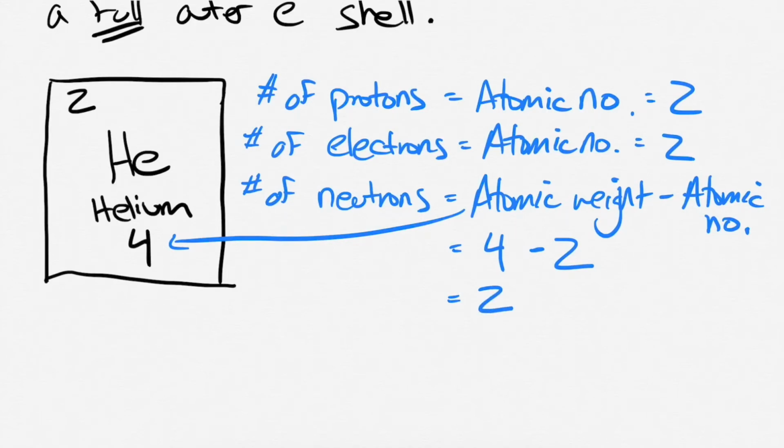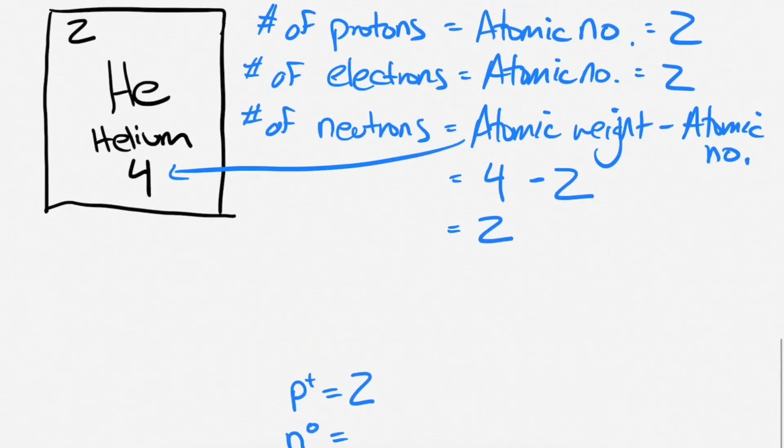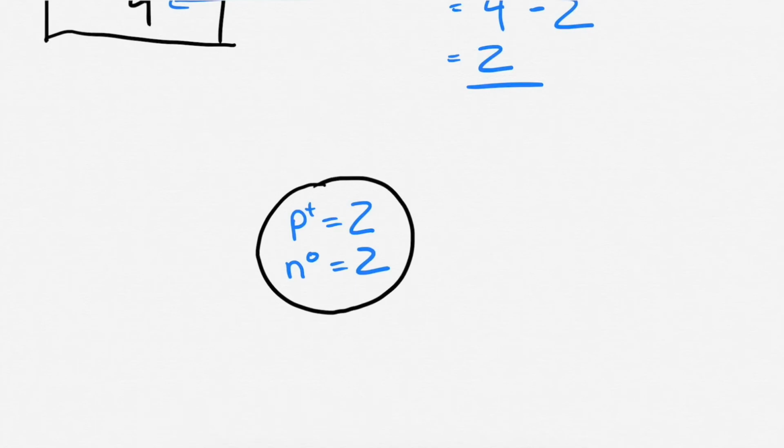Okay, so the first step was to draw our nucleus. So let's do that. We have protons and neutrons in our nucleus. So proton, P positive equals how many? 2 protons. And for neutrons, we also have 2, which we calculated above. So now that our nucleus is complete, we'll draw our little circle around it to show that these are self-contained in the nucleus. Now, how many electrons do we need?